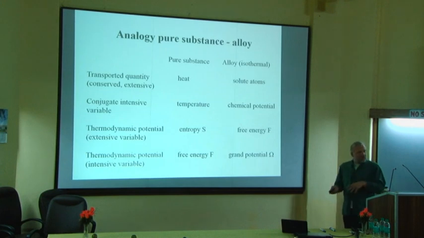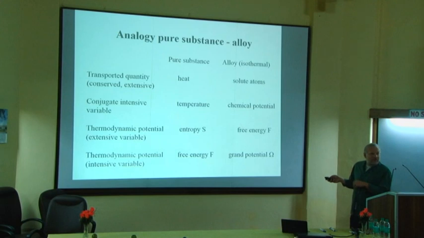Because if you go through this thermodynamics, you can see that there is an analogy between many quantities. So the transported quantity is heat in the case of pure substance and solute in the case of binary alloy. Well, so this is an extensive quantity. You have currents of this quantity. The intensive quantity that drives the current of this quantity in the case of pure substance is temperature. In the case of alloy, it's chemical potential.